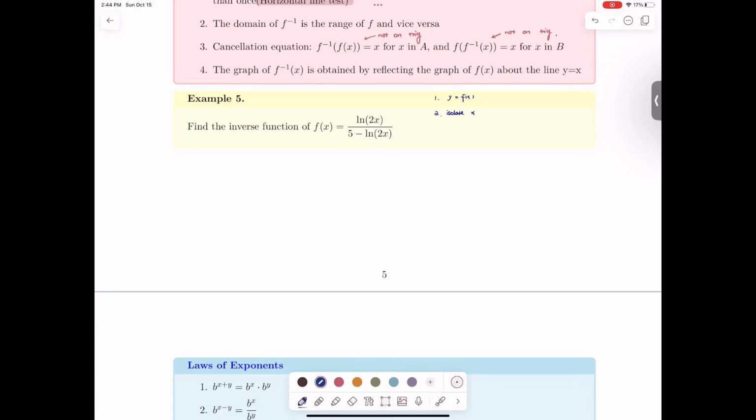So isolate x, write it as x equals a function of y, and then you swap x and y, just to be consistent with 102. So y equals ln 2x over 5 minus ln 2x. Then let's try to isolate x. I'm going to cross multiply.